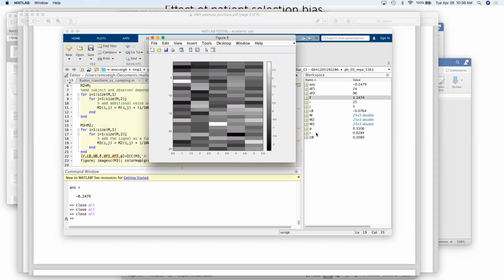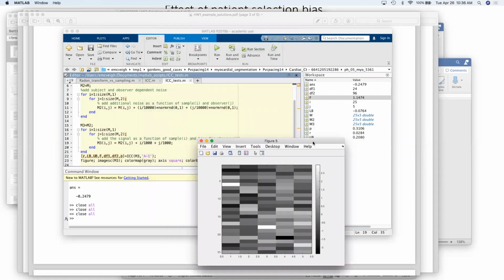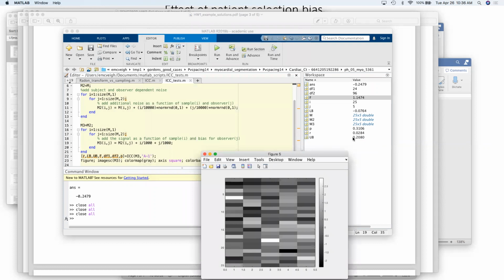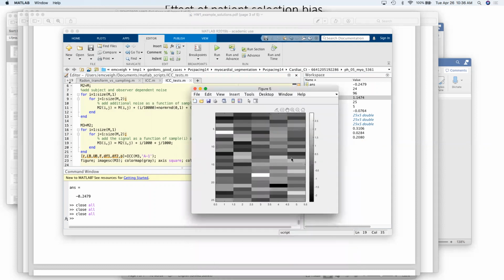So the R value for this is like 0.03, right? Just no relationship here between the observers. And our upper bound is 0.2, lower bound is minus 0.07, right? And that's based on the number of measurements we've taken.